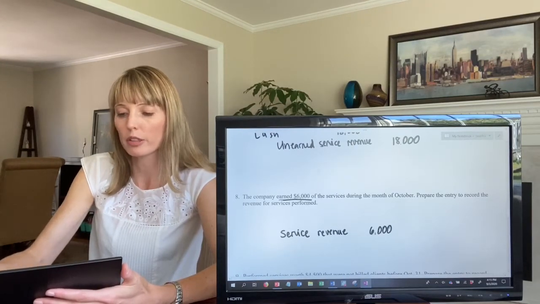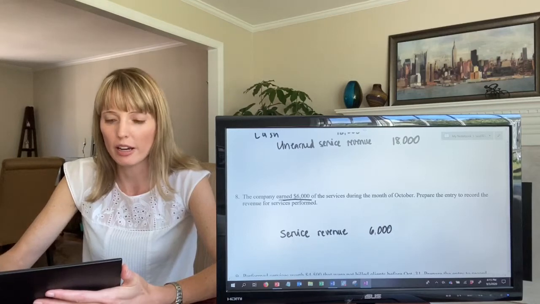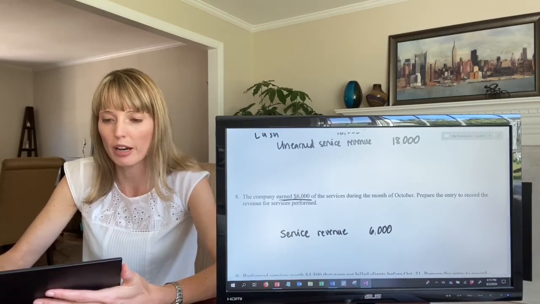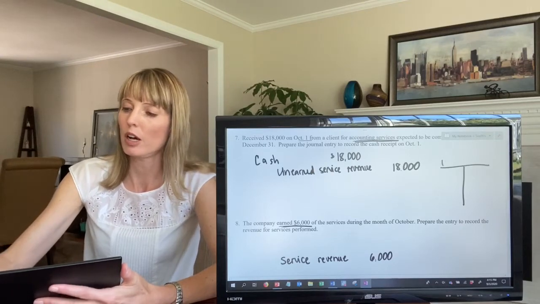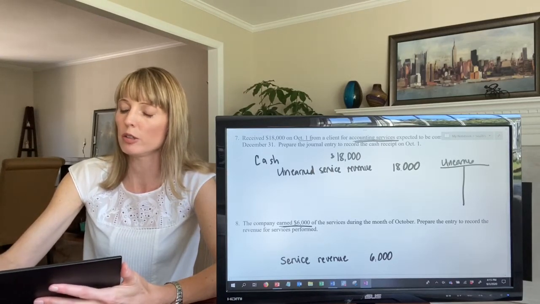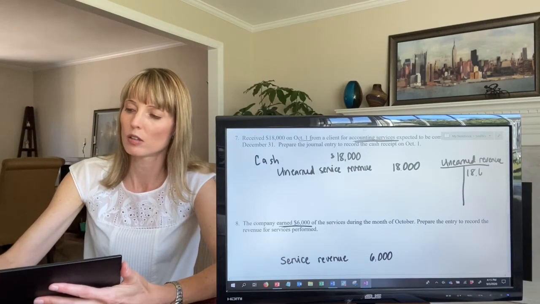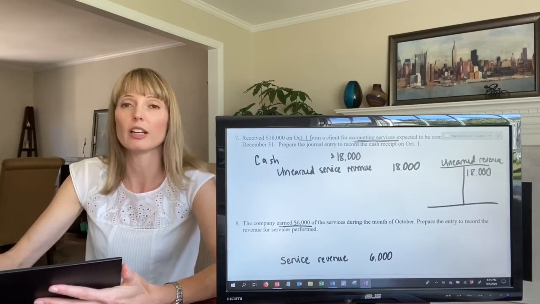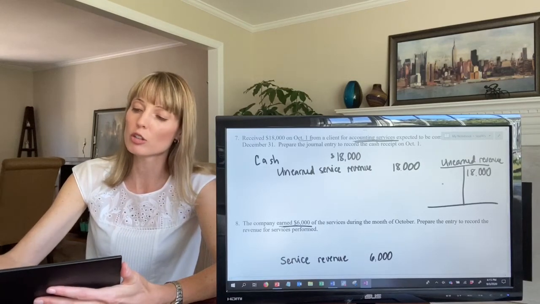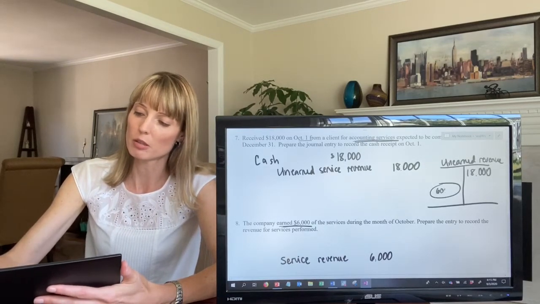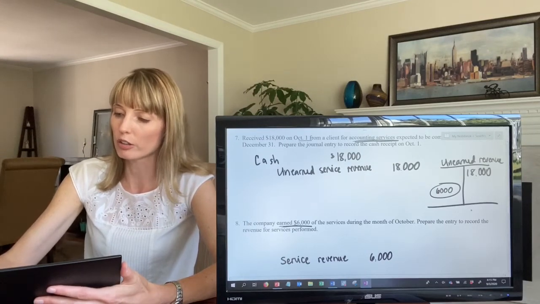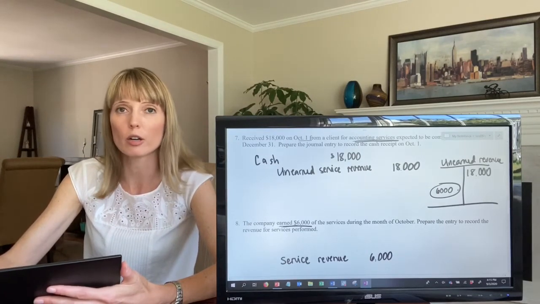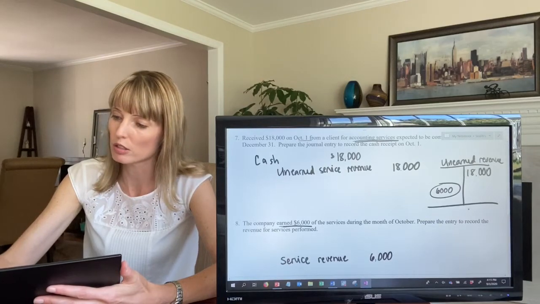But what is our debit? It's not cash because the company's not receiving more cash. Well, right now, our balance in unearned revenue is sitting at $18,000. But it shouldn't be anymore. We need to reduce it by $6,000 because over the month of October, we've earned and no longer owe $6,000 worth of services.